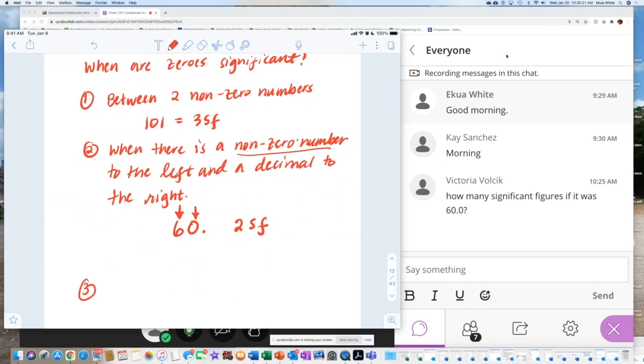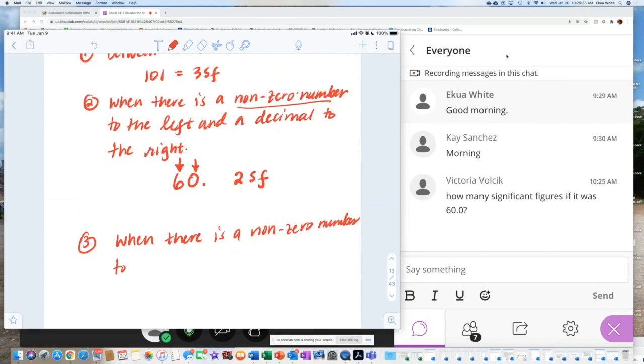So the third rule is when there is a non-zero number to the left and a decimal to the left.